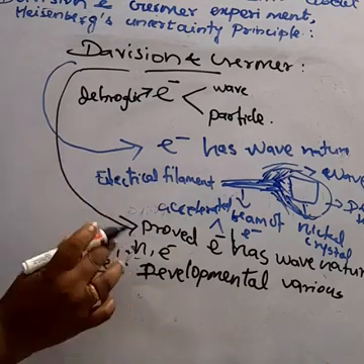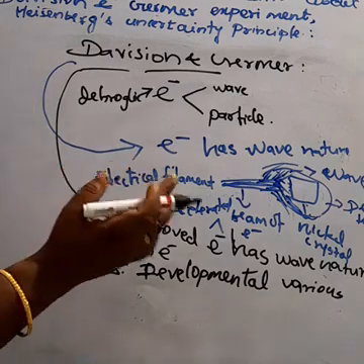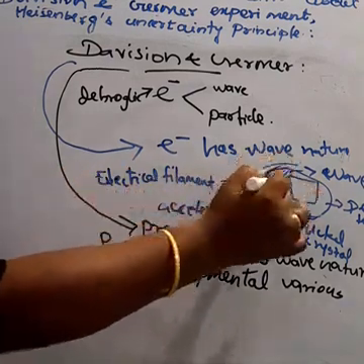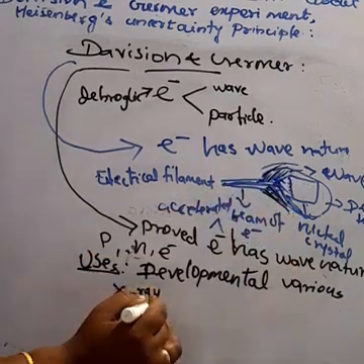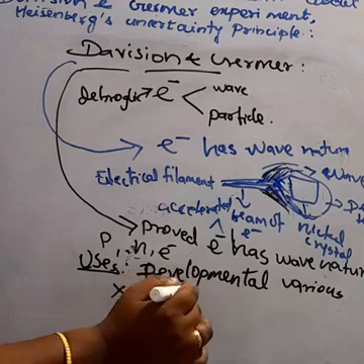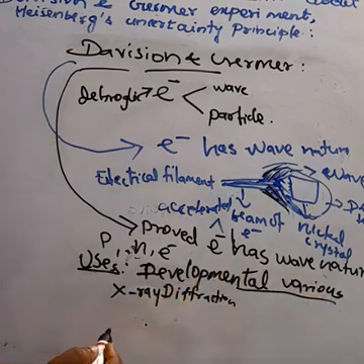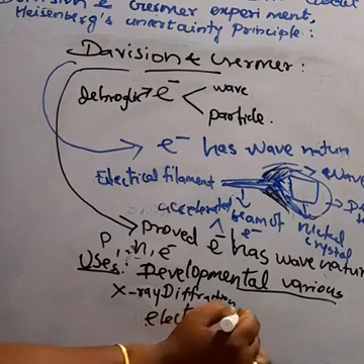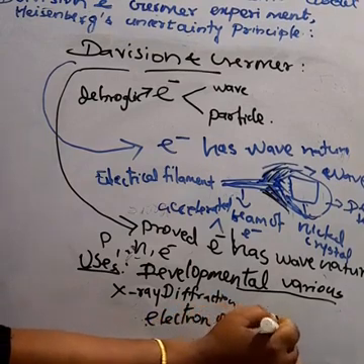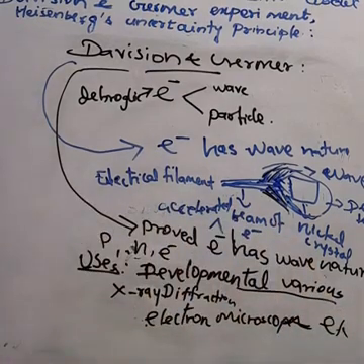When the beam of electrons strikes the nickel crystal, the scattering of electron waves is similar to the X-ray diffraction pattern.